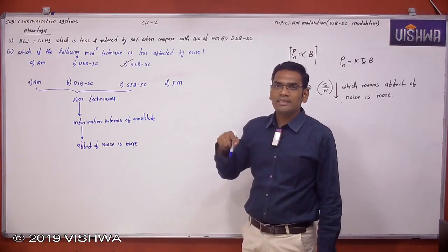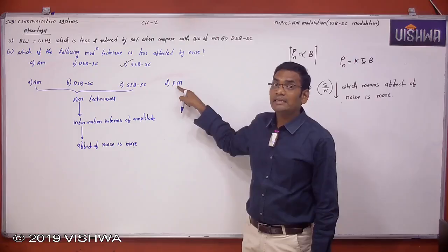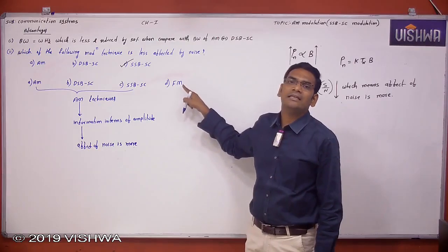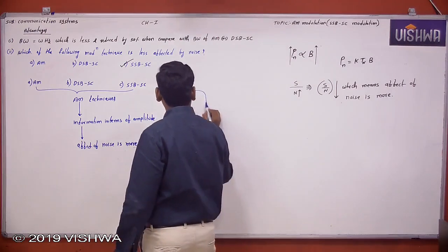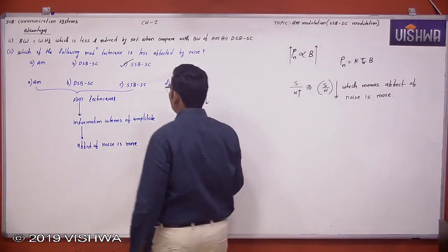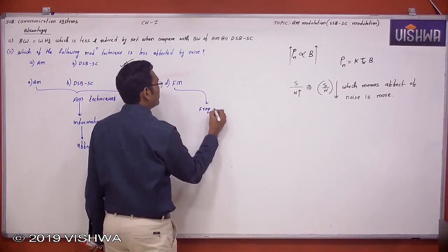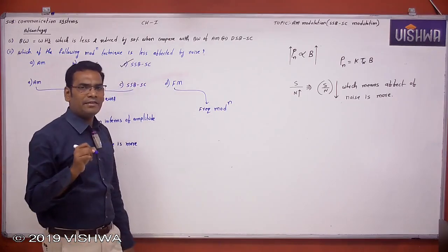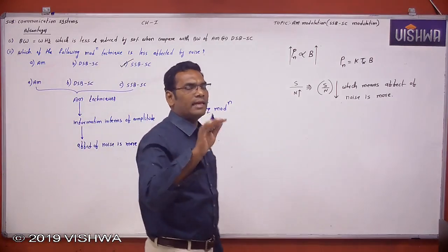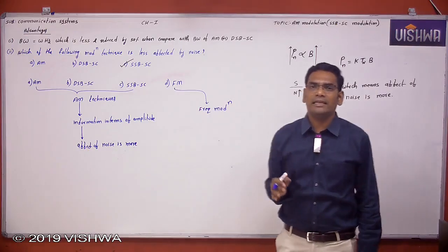Even if the noise affects the amplitude, information is not in terms of amplitude, information is in terms of frequency. This is FM, frequency modulation, which is the least affected by noise in all the analog modulation techniques. So with respect to noise, the best modulation technique is FM.